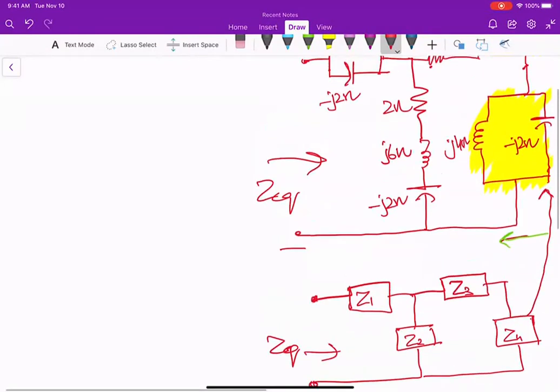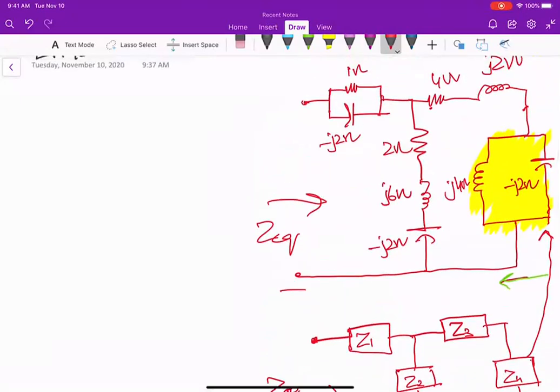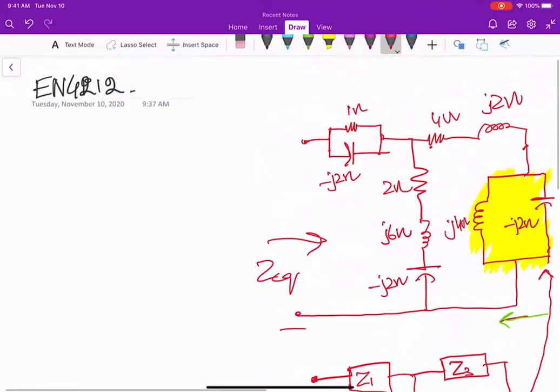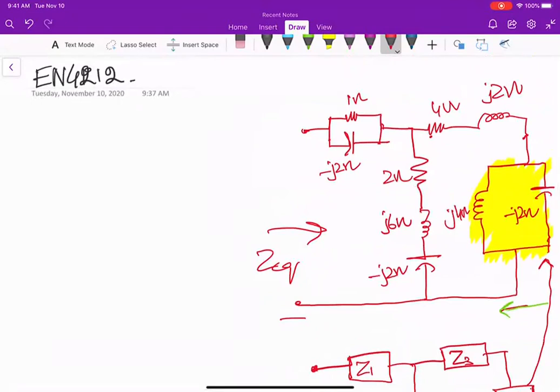So I will convert it into the admittance, because they are in parallel, and if we find the admittance, it will simply be an addition.